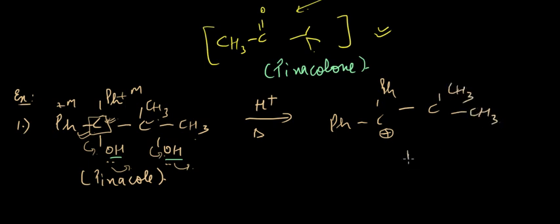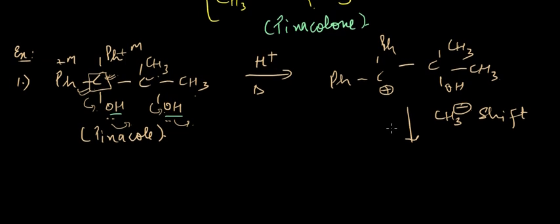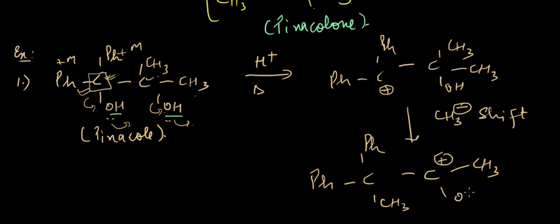Now it will undergo rearrangement via a CH3 minus shift. Not to mention there is an OH also present. Okay. Due to the formation of our oxocarbenium cation, it would be more stable. Hence, you would be getting something like this, with positive charge on C, CH3 and OH.